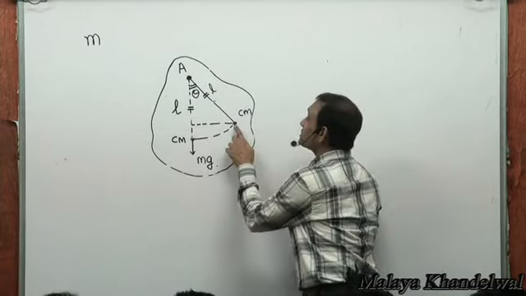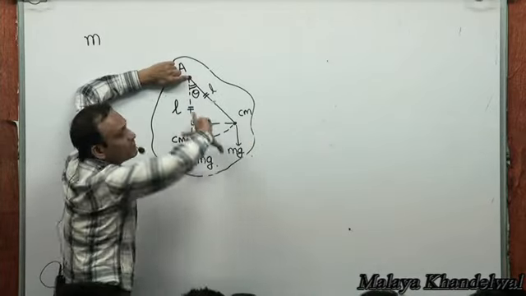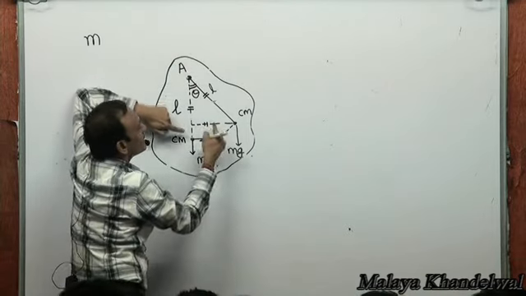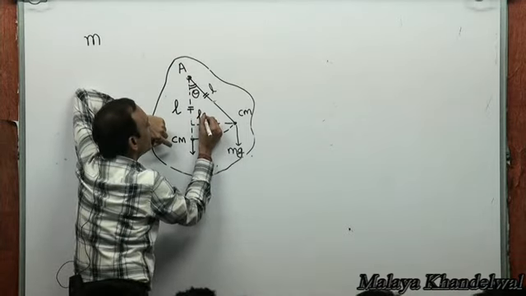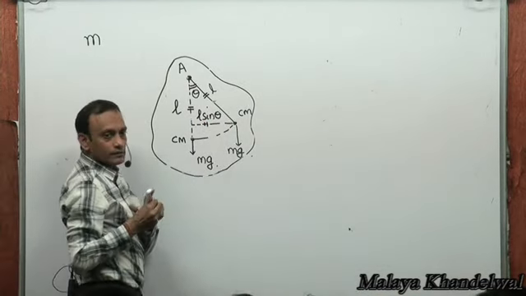Why? Because this mg produces a clockwise torque about A. And if this length is L, this length is going to be L sine theta, right?